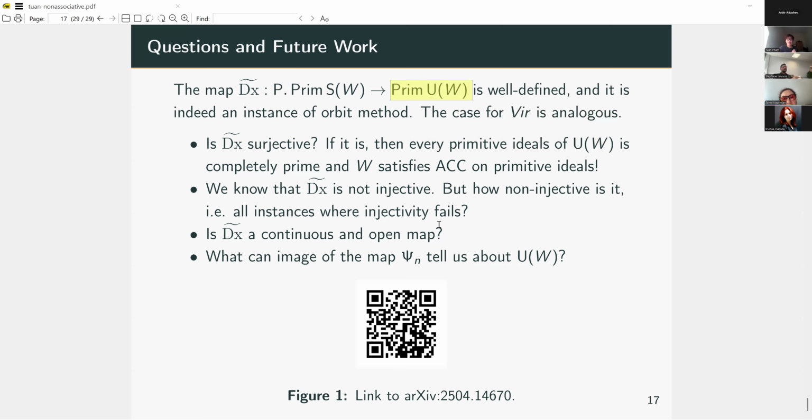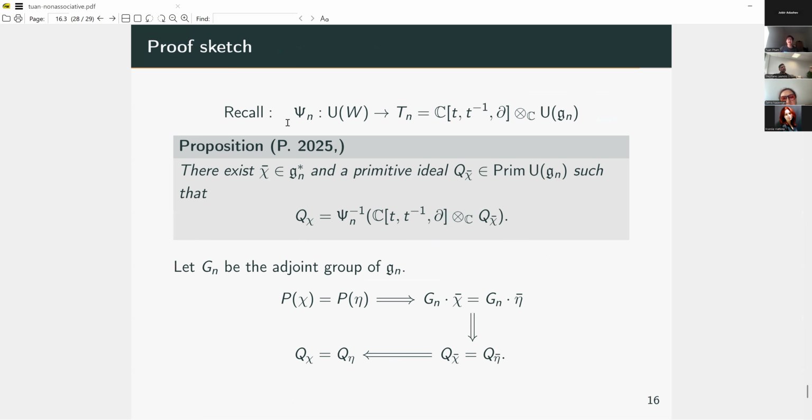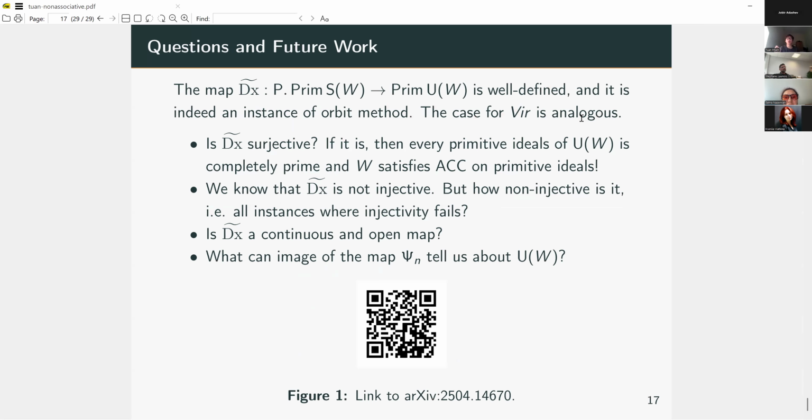And lastly, the map psi n here is a very nice map. And a question is, what can the image or the kernel of the map psi n tell us about U of W? This is a very nice question.